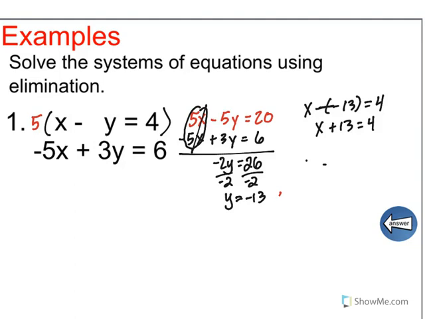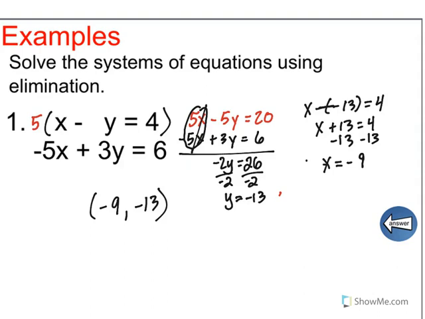If I subtract 13 on both sides, what I will have is x equals negative 9. And so my solution here is negative 9 and negative 13.